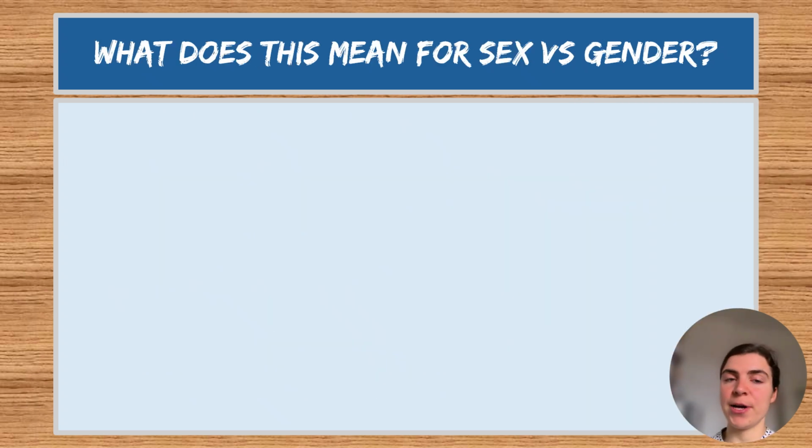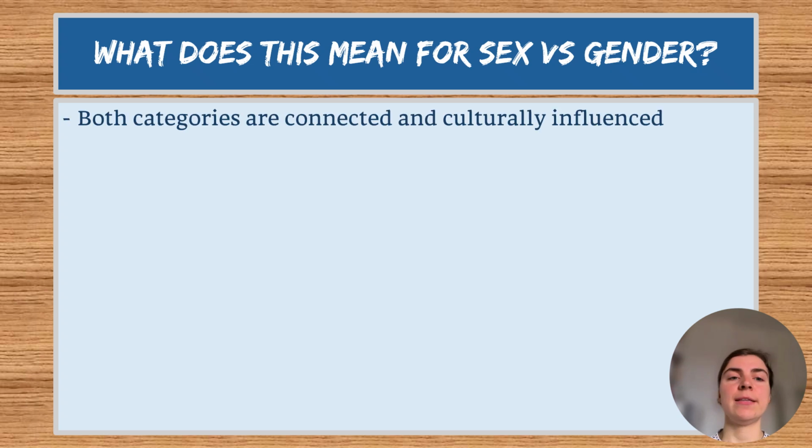Let's try to summarize this a little bit. We can say that both sex and gender as categories are inherently connected and culturally influenced. There is no simple biology in sex because biology is always just a discourse that has developed in a culture. So it is always culturally influenced. And then there are two things that we can't say in the approach we are following in cultural studies.